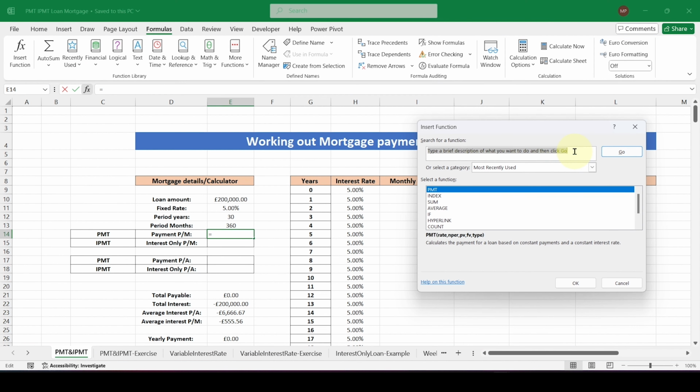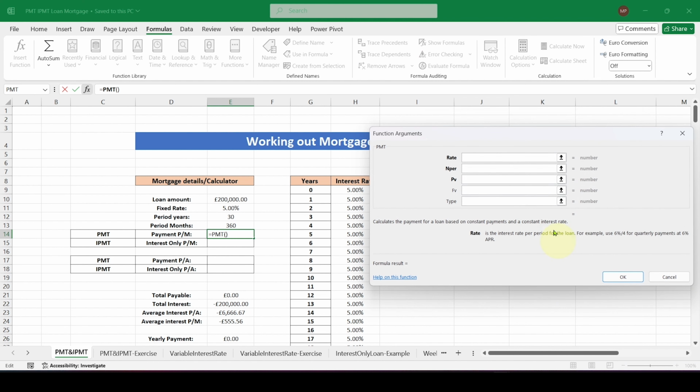Type PMT into here, click Go, and here you can see we have the PMT function. Click on it and click OK, and you will be presented with this function arguments box.